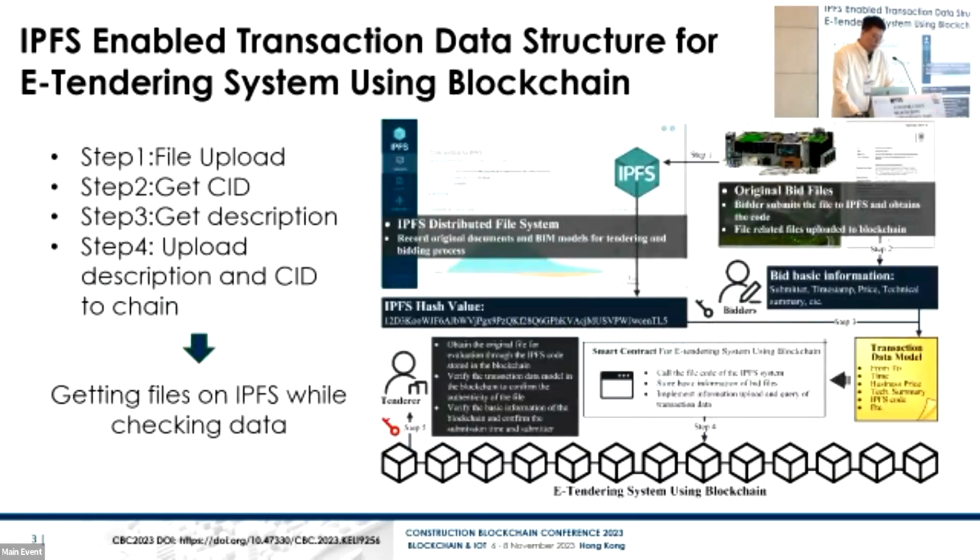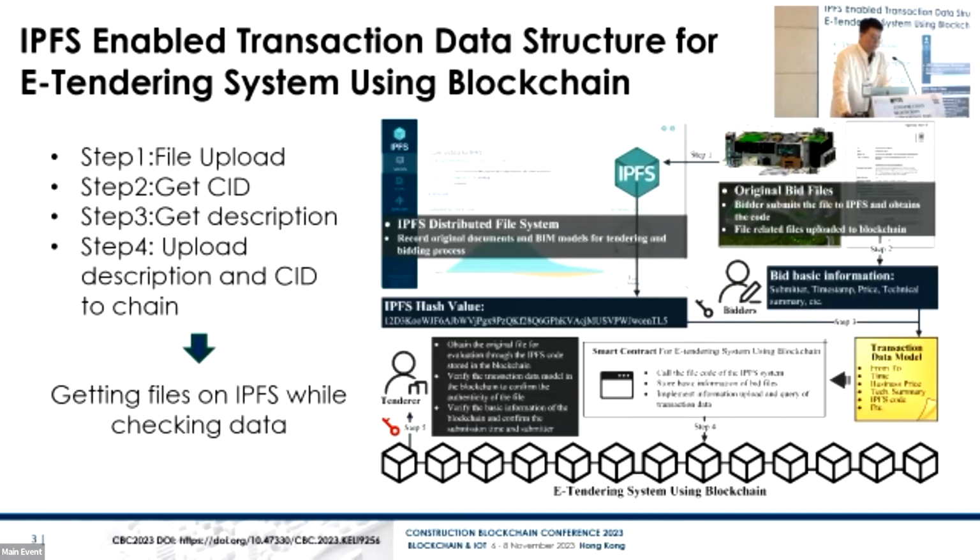And when we built the smart contract for this framework, it has 4 steps. In the first part, the users will upload the file, and they will automatically get the CID, which is the hash value from IPFS.